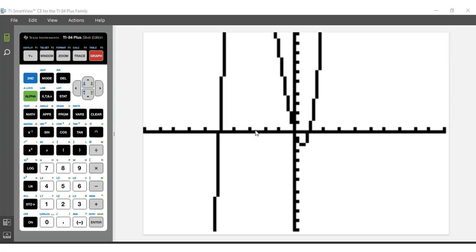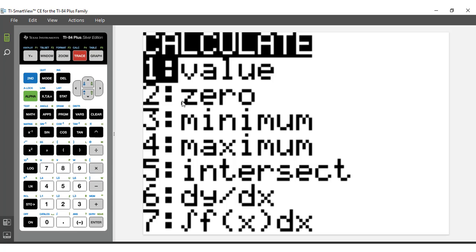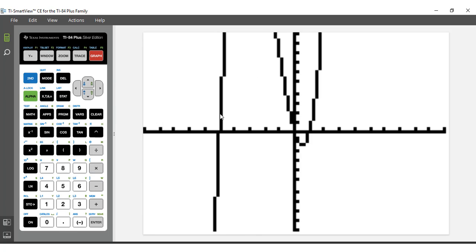So you need to figure out the x-intercept on the very left side and also on the very right side. You can use second trace, go to this zero to figure that out. But I want to show you polyroots, which is so much easier to figure out the roots for any polynomial.